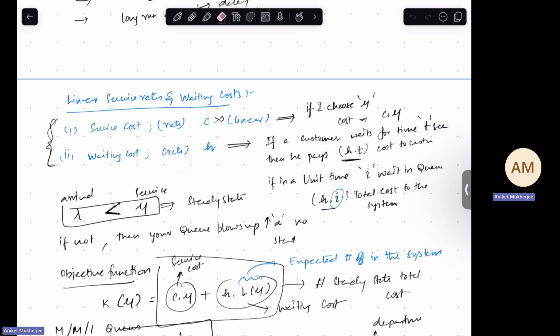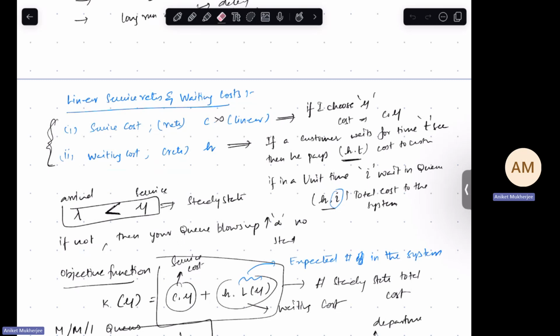So one cost function was the service cost. When you allocate a new amount of service, you're allocating resources so that the customers could be served, and to allocate the resources, you incur some cost. The more resources you allocate, the more cost you spend.